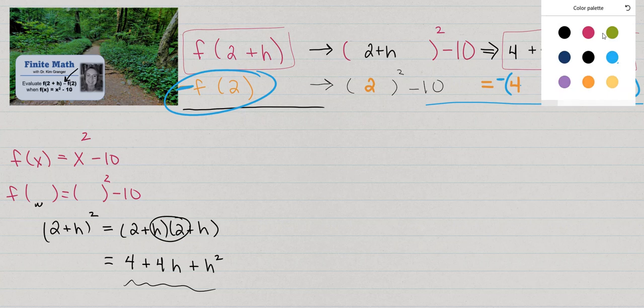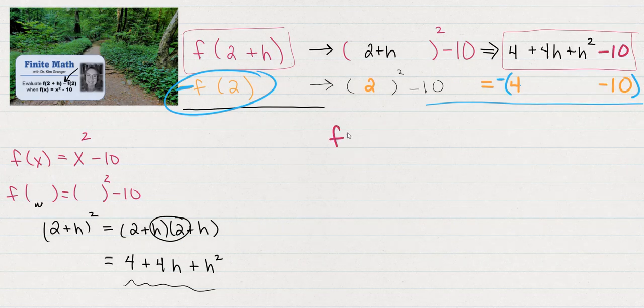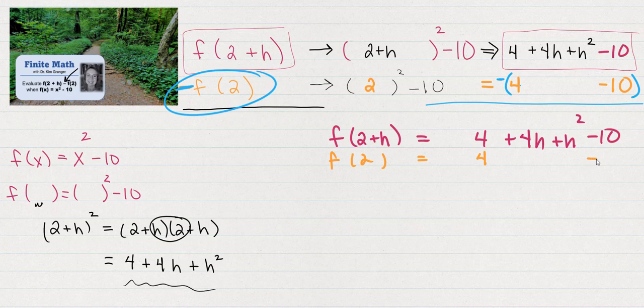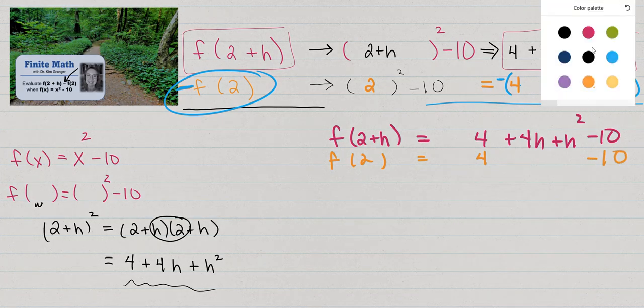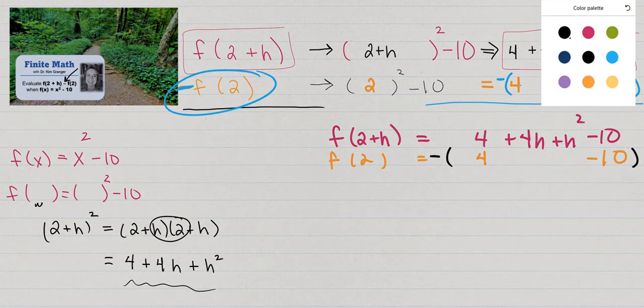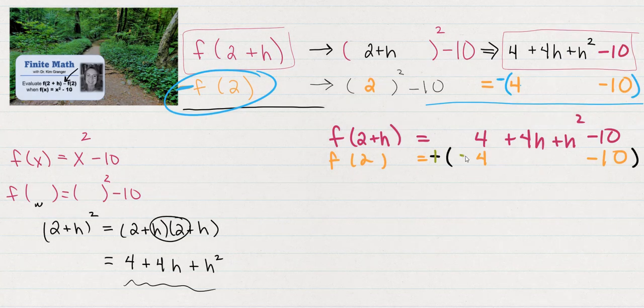Or you might find it beneficial to think of it like this. f of 2 plus h is 4 plus 4h plus h squared minus 10. And then f of 2 was 4 minus 10. And if I'm going to subtract the whole thing, it's the same as if I were to add. Watch how this looks. Change it to adding the opposite.